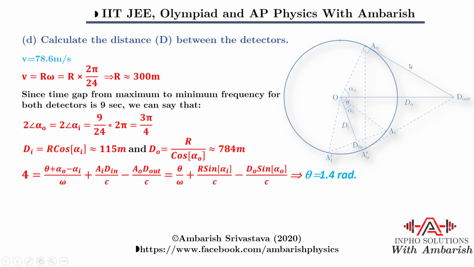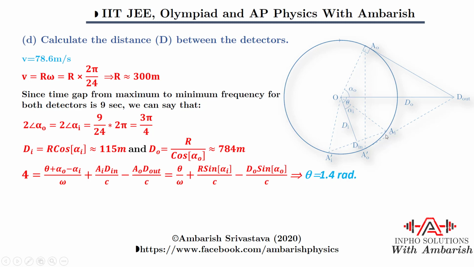Now our clock is proceeding ahead, and by the time our source reaches AI, how much time has elapsed? That is equal to the angle A naught O AI divided by omega. And how much is A naught O AI? This angle is nothing but theta plus alpha naught minus alpha I, divided by omega. This is the time that elapses.